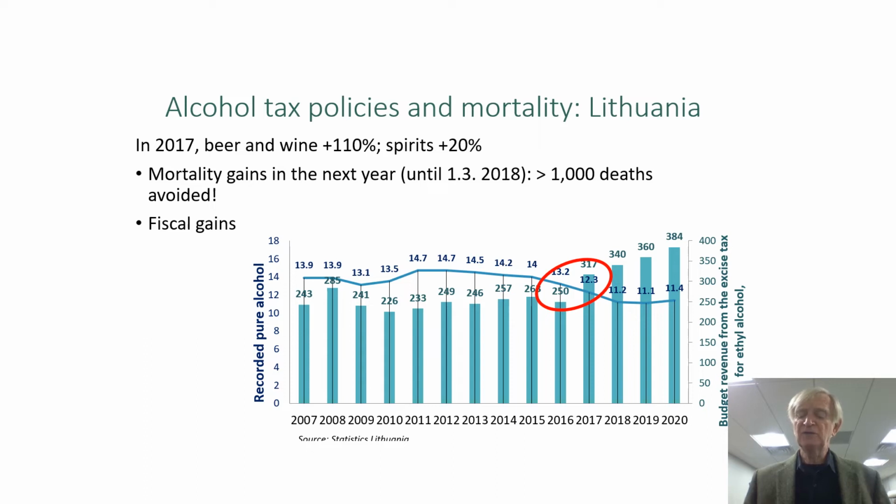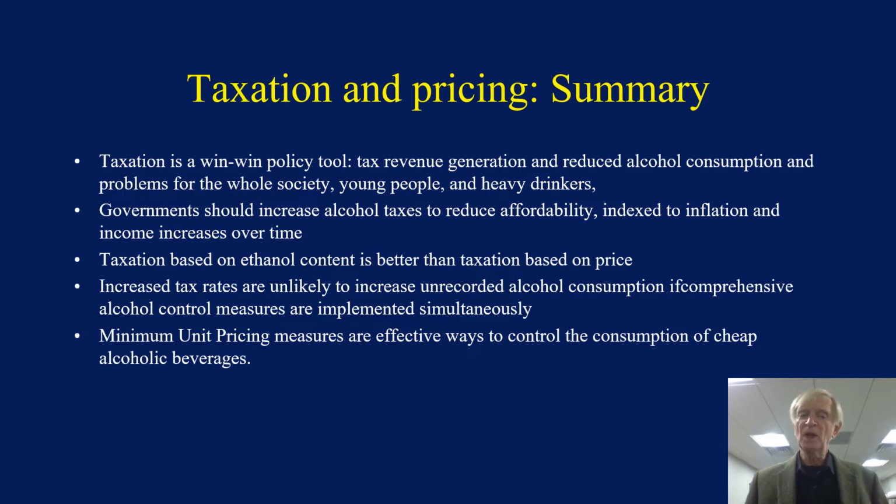So tax policies have a benefit not only in reducing alcohol-related harm, but also in helping to generate revenues for the public treasury. So to summarize, we have a lot of evidence that governments could increase their alcohol taxes to reduce affordability, and it needs to be indexed to inflation, and the taxes based on alcohol content are better than taxation based on price.